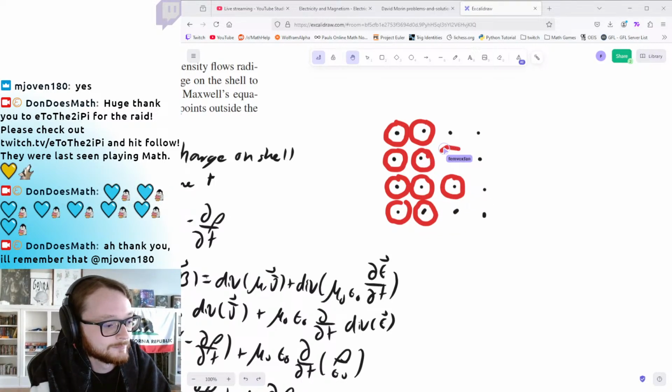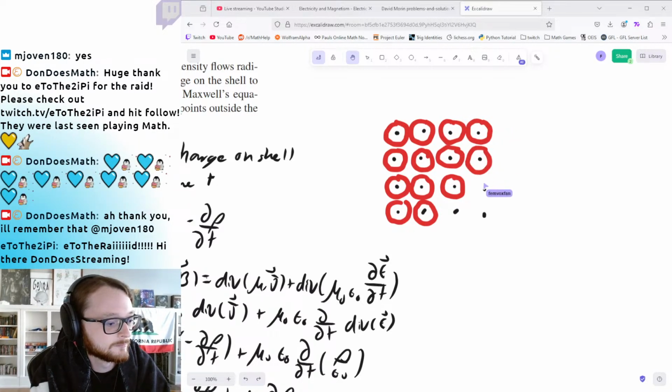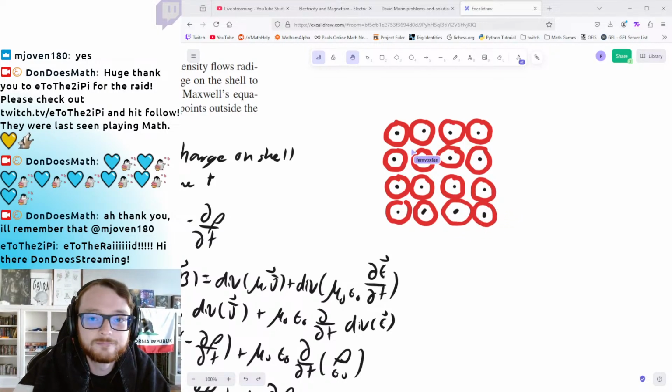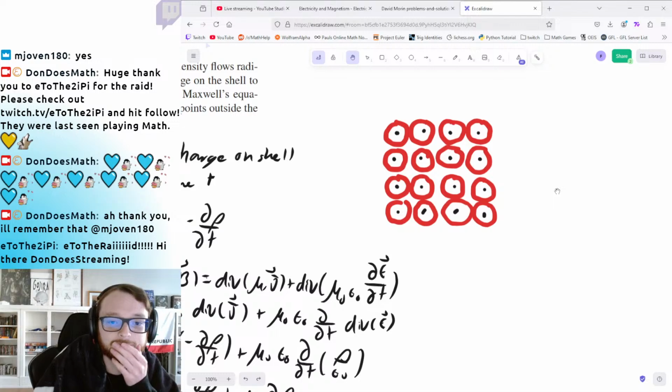Now imagine the current's flowing in the same direction through each wire. So every one of these little red circles is a magnetic field. I should have made them blue. Blue feels more magnetic than red.